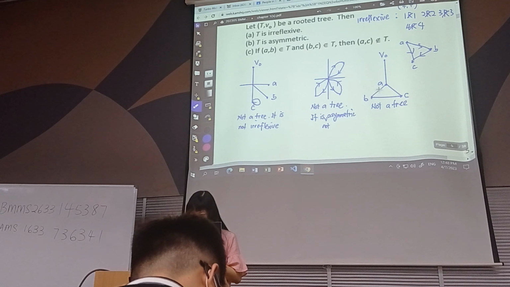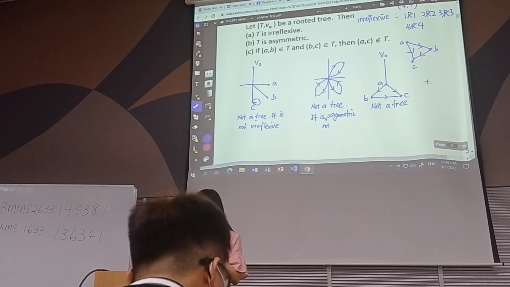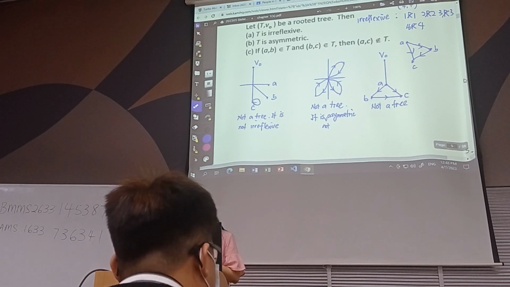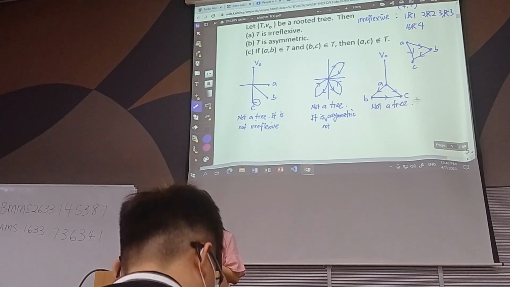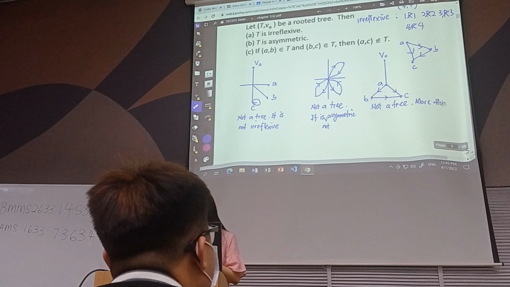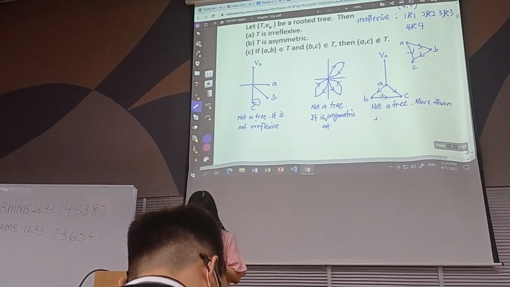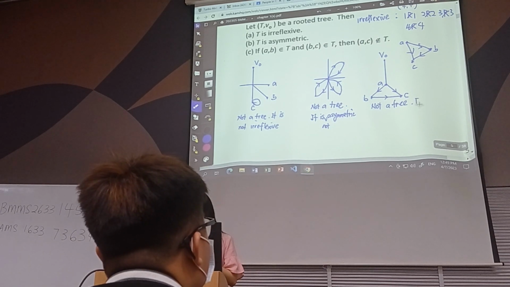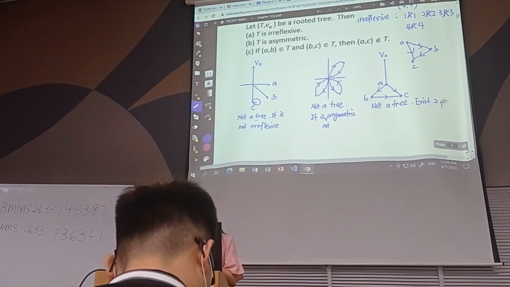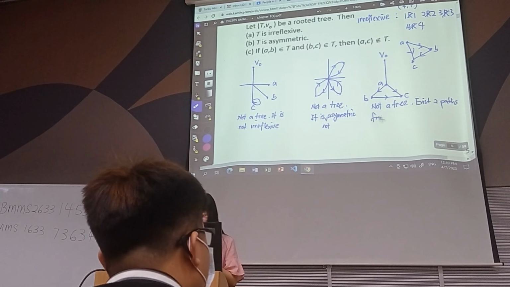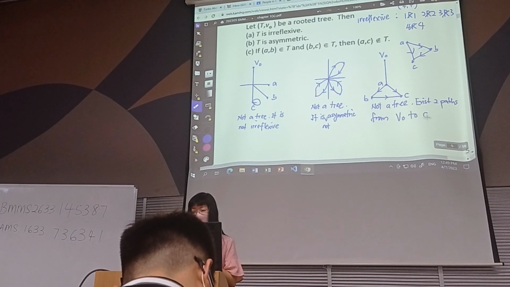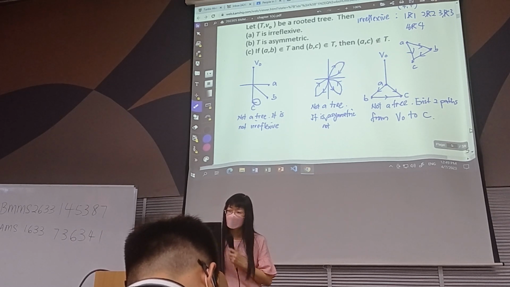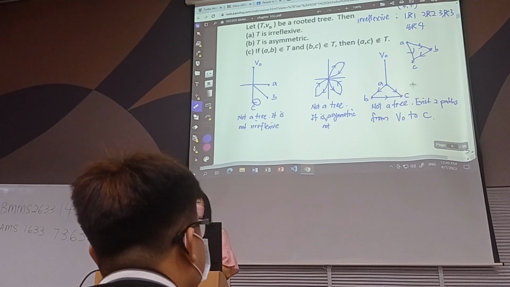If I give you the arrow like this, then you can say that there exists more than one path, or you just say there exist two paths, from V0 to C. V0 AC, V0 ABC, two paths.